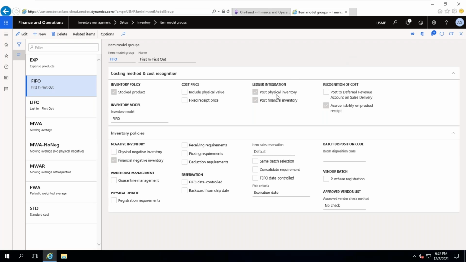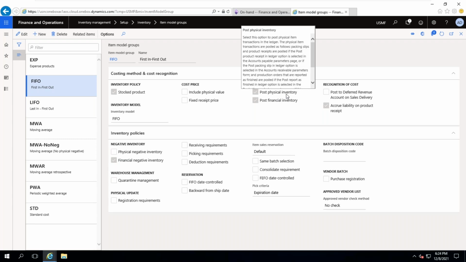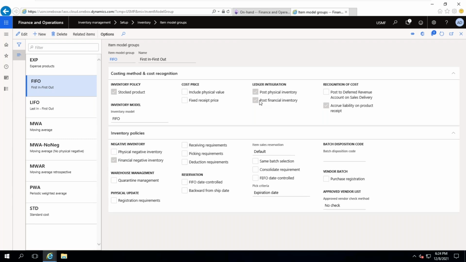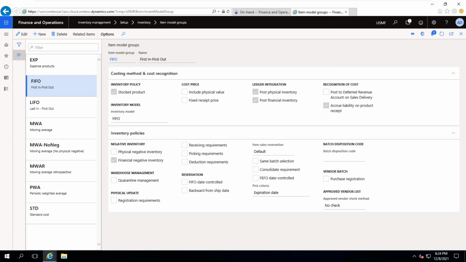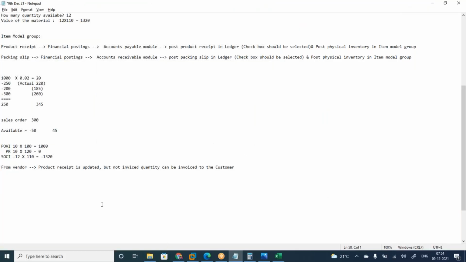Okay. So the post physical amount is always only material cost, whereas the post financial amount is the cost amount, meaning purchase price plus charges minus discount, maybe plus taxes.